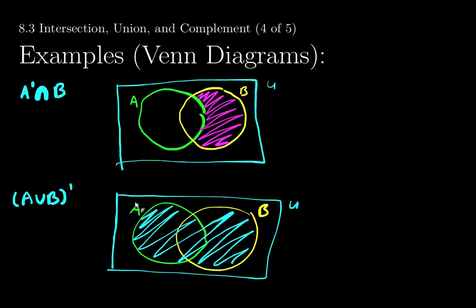The complement of that is everything else, this black area around both of these circles that's still inside of the rectangle.